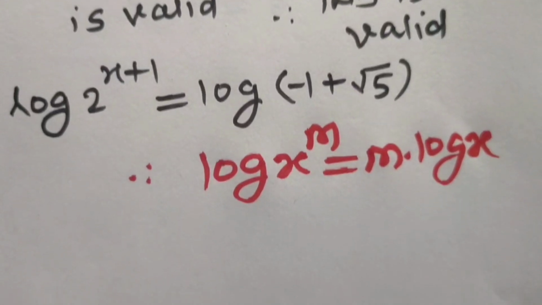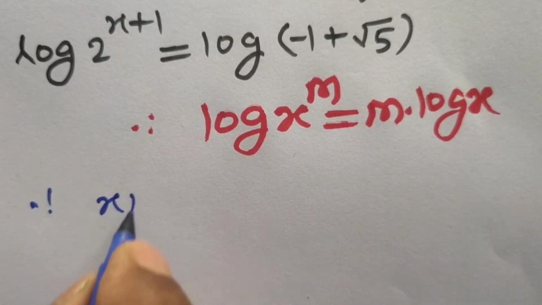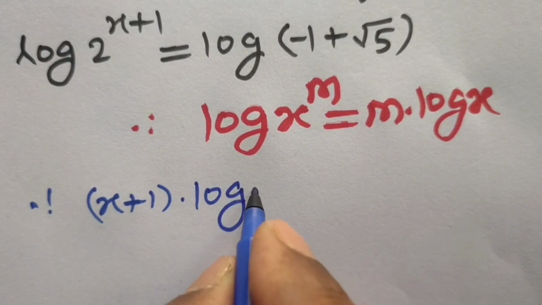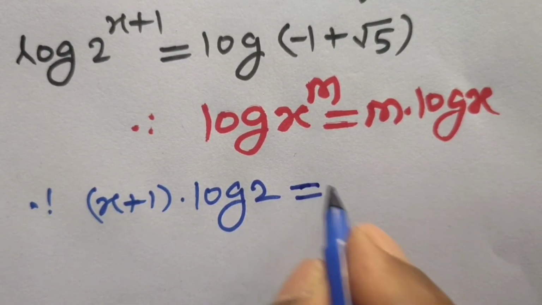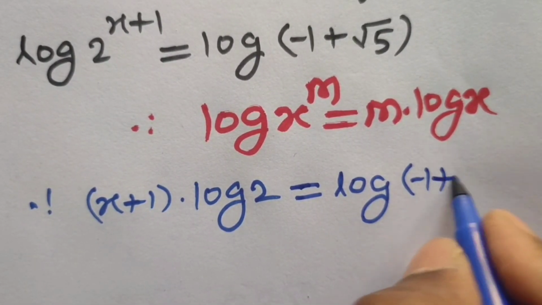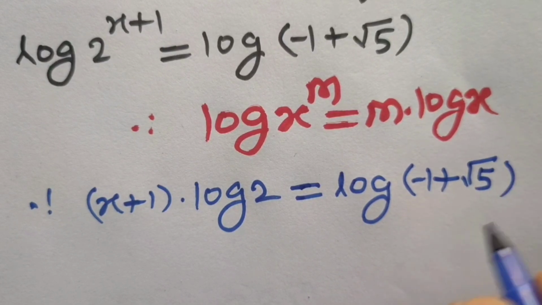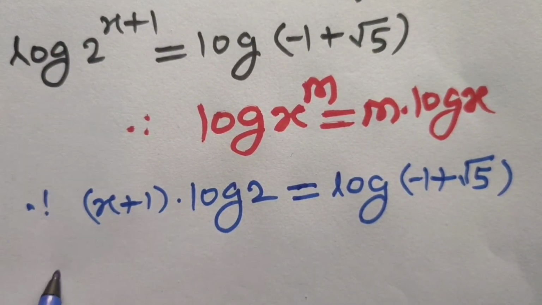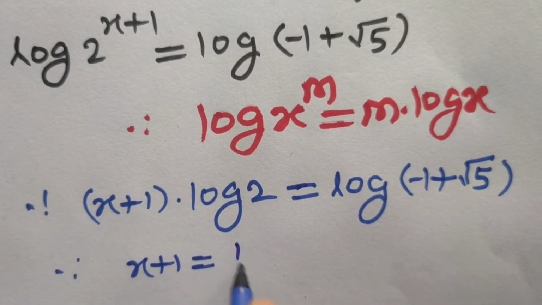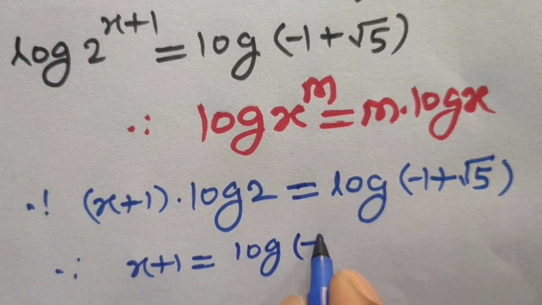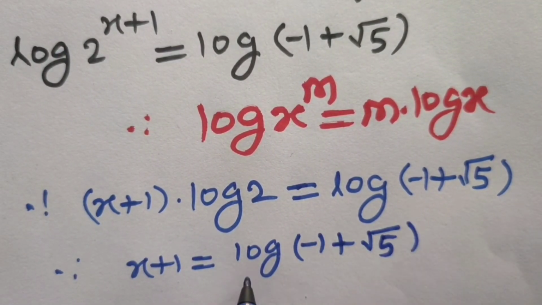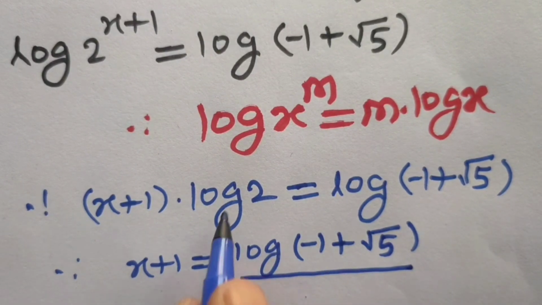So hence we can write x plus 1 into log 2 is equal to logarithm of minus 1 plus root 5. Take this log 2 to this side, hence x plus 1 is equal to logarithm of minus 1 plus root 5 divided by this log 2.